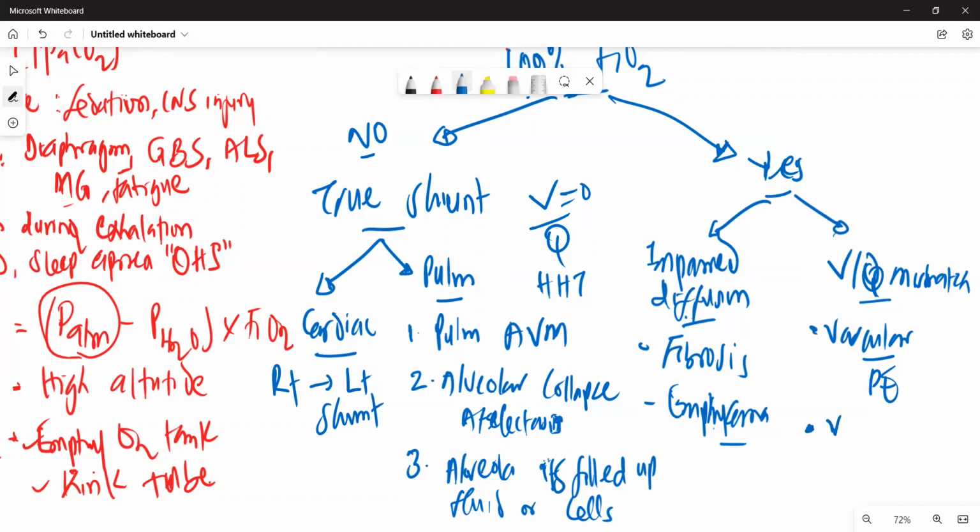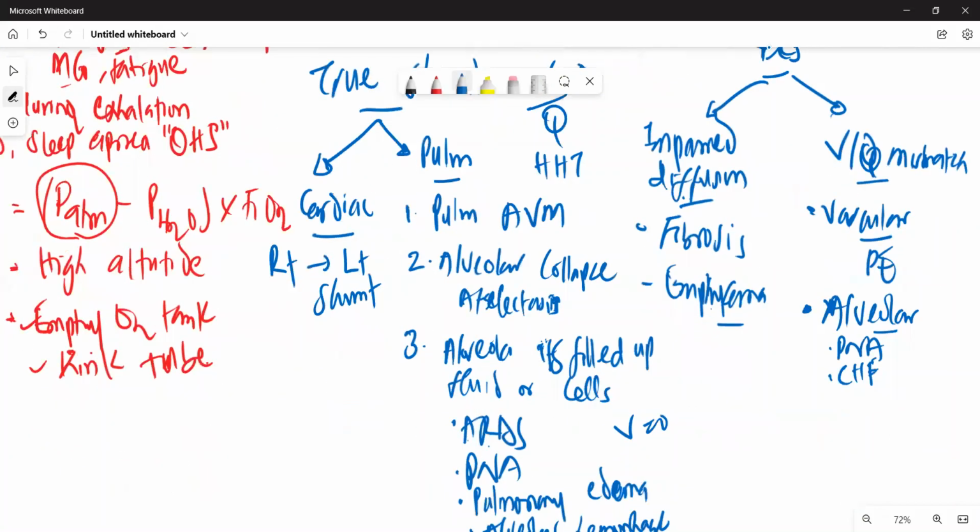The other cause is alveolar, so something that is affecting the alveoli, for example in the case of pneumonia or in the case of CHF. In the case of pneumonia, similar to what we see under shunt, maybe this is just a pneumonia whereby the alveoli are filled up with a couple of things, thereby affecting the ventilation, but the ventilation here is not zero.